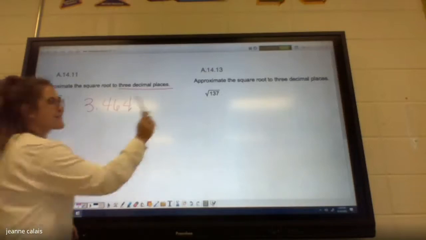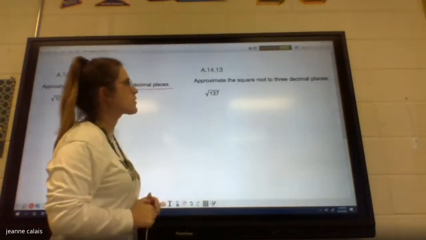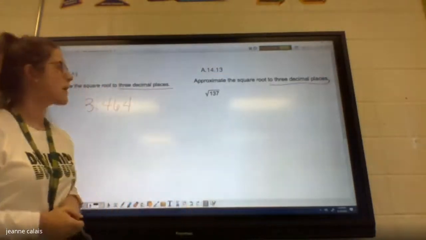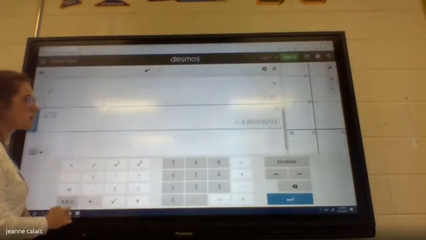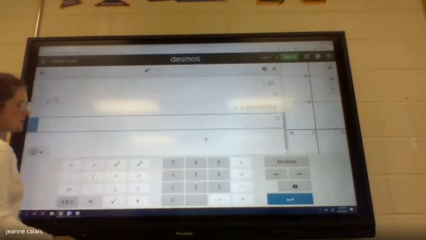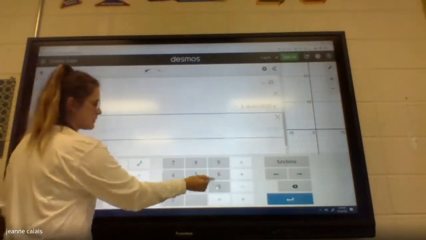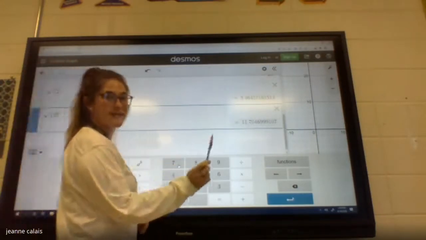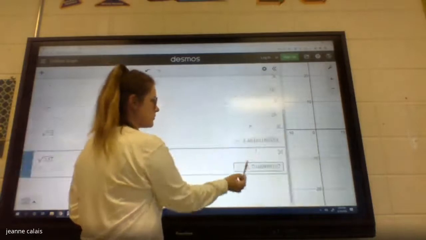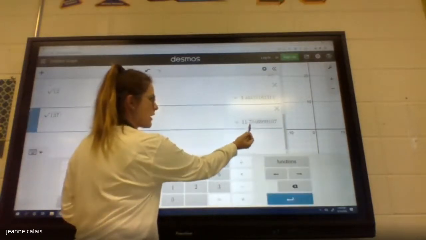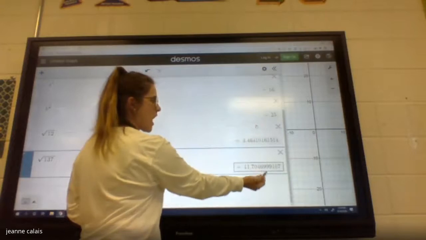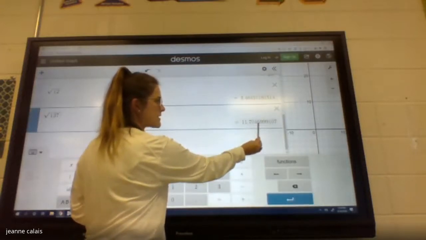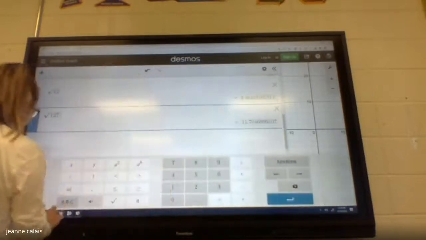Okay. This next problem says approximate the square root to 3 decimal places. So again, follow the directions. So square root of 137. All right, so here we go. So I'm going to count 3 decimal places. 1, 2, 3. I'll look at the fourth. Okay, it's a 6. Hold up.